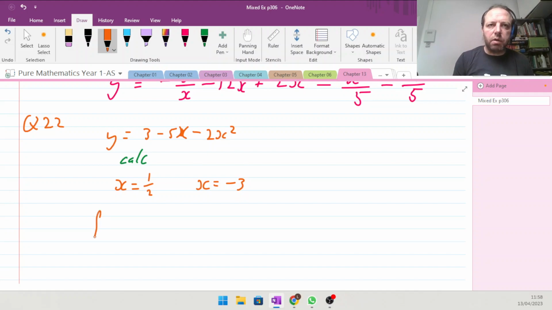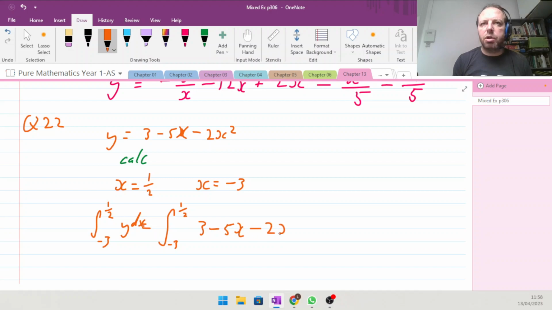So we need to do the integral between a half and minus 3 of y dx, which will be the integral of 3 minus 5x minus 2x squared dx.